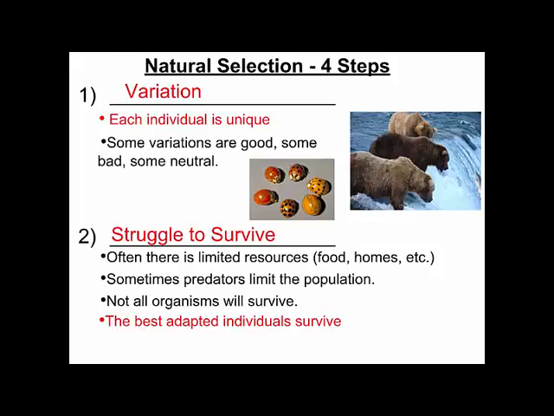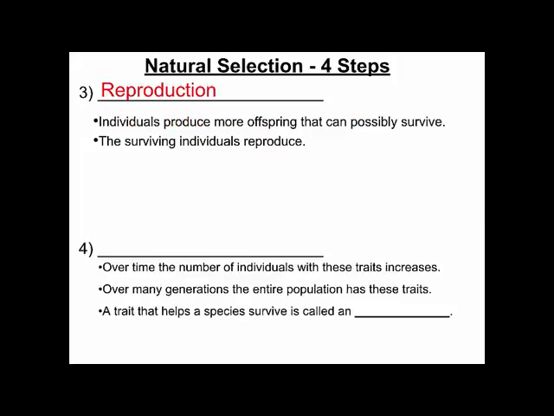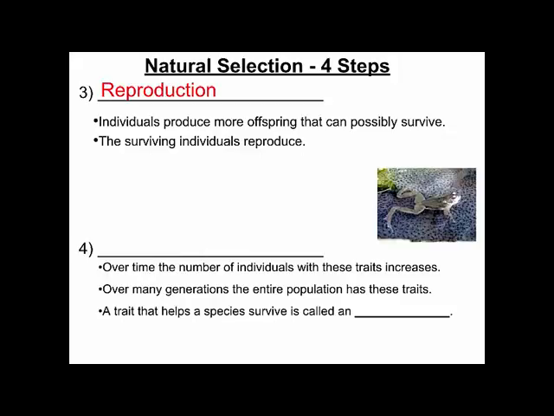Probably going to look similar to her. And therefore, are they going to survive better? Probably, yeah. If that was helpful to the parent, it's probably going to be helpful to the offspring. So those that survive can reproduce and pass those traits on to their offspring, pass those beneficial characteristics on.